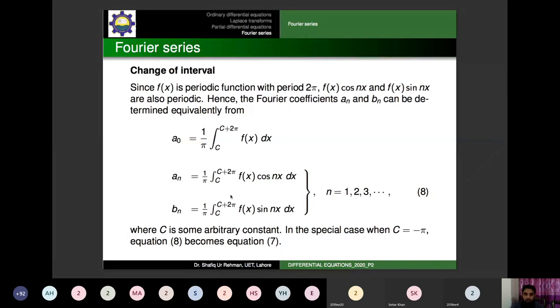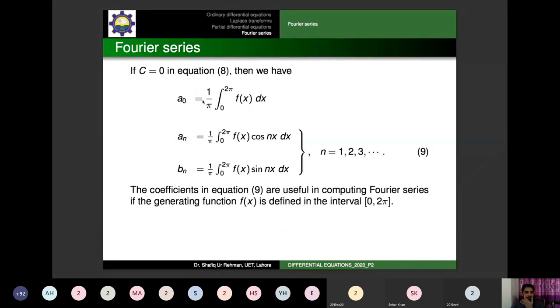Or if you take another value, like c equal to 0, for example, then you will have the interval from 0 to 2 pi. So the coefficients in equation number 9 are useful in computing the Fourier series if the generating function is defined over the interval from 0 to 2 pi.